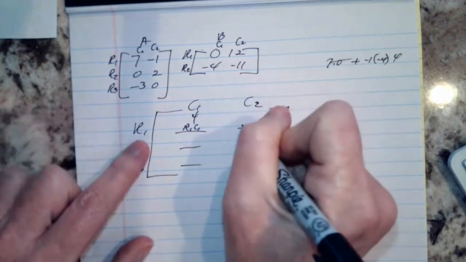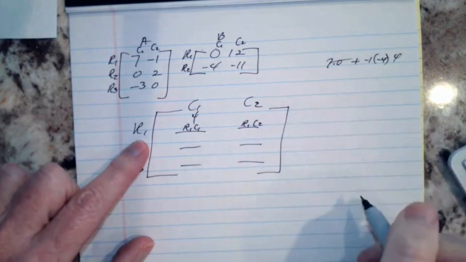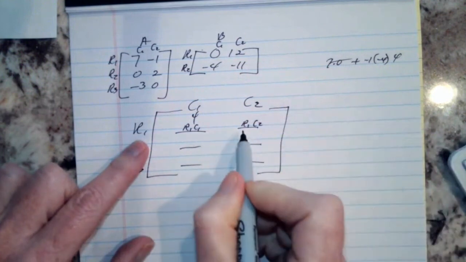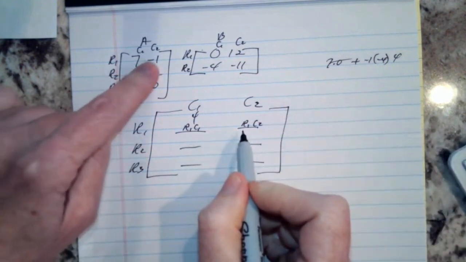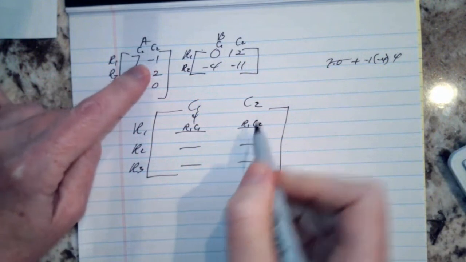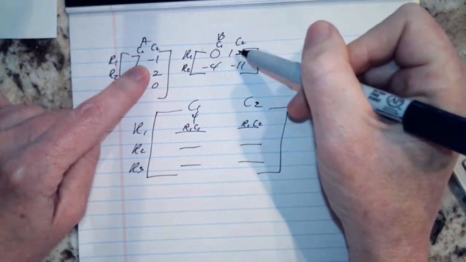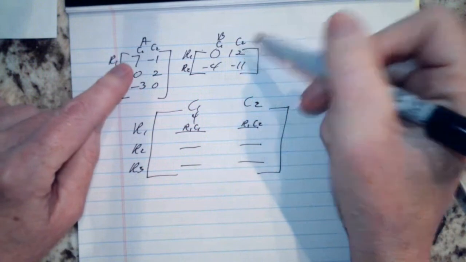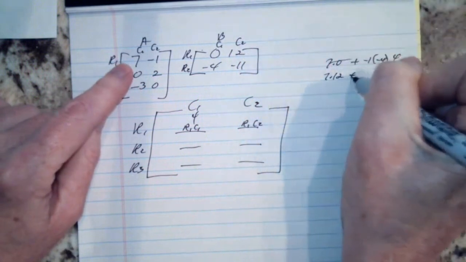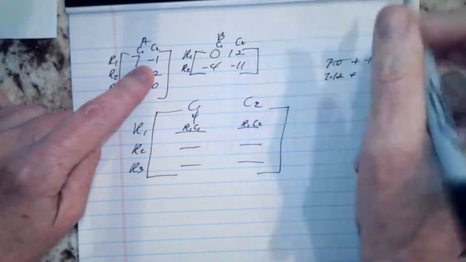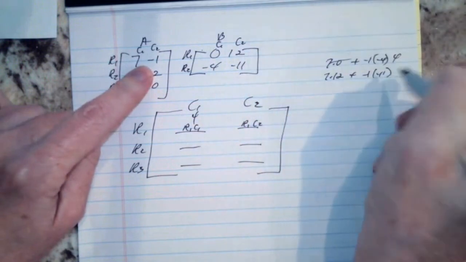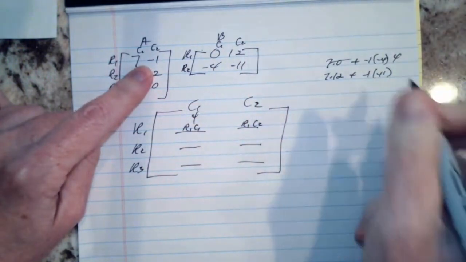Over here, this is composed of row 1, column 2. So we'll be using row 1 in A and column 2 in B. So it'll be 7 times 12 plus shift -1 times -11.